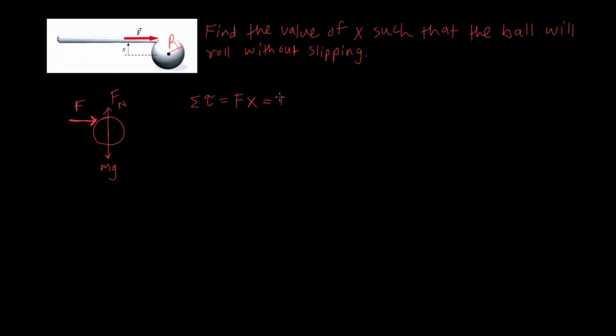And this value right here is equal to the moment of inertia of the ball. Since the ball rotates about its axis of rotation, or about the center of mass of the ball, we're finding the moment of inertia of the ball about its center of mass.